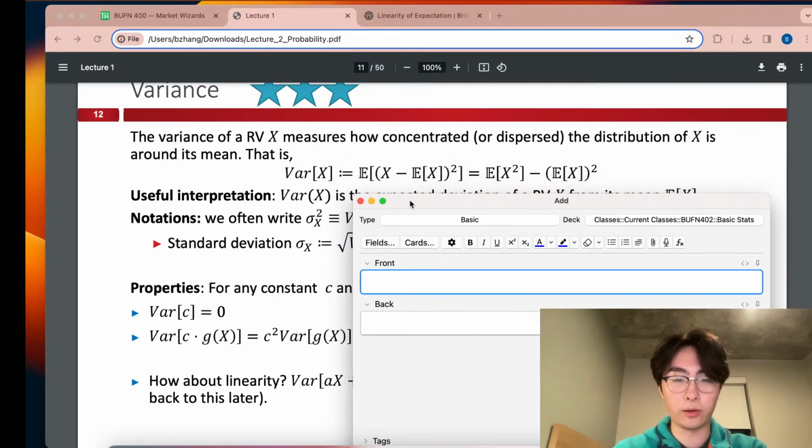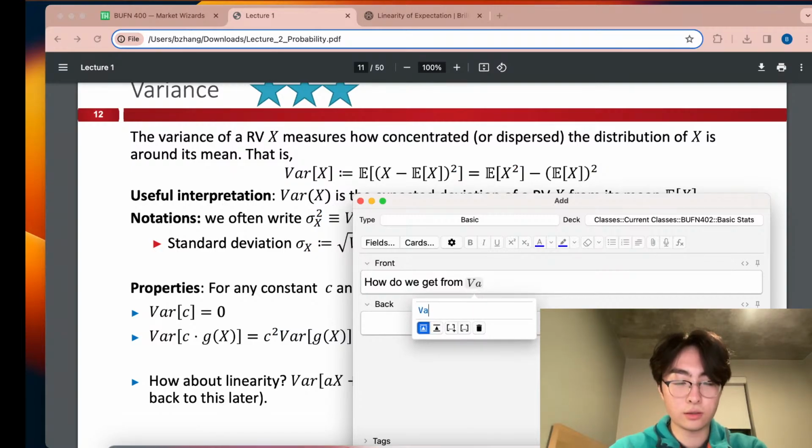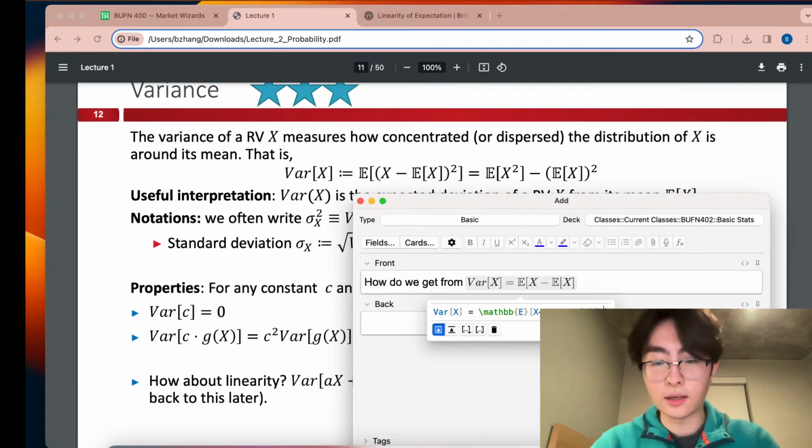Variance. Okay, wait. So how would we get from variance of x equals the expectation of x minus the expectation, okay, yeah, here we go.